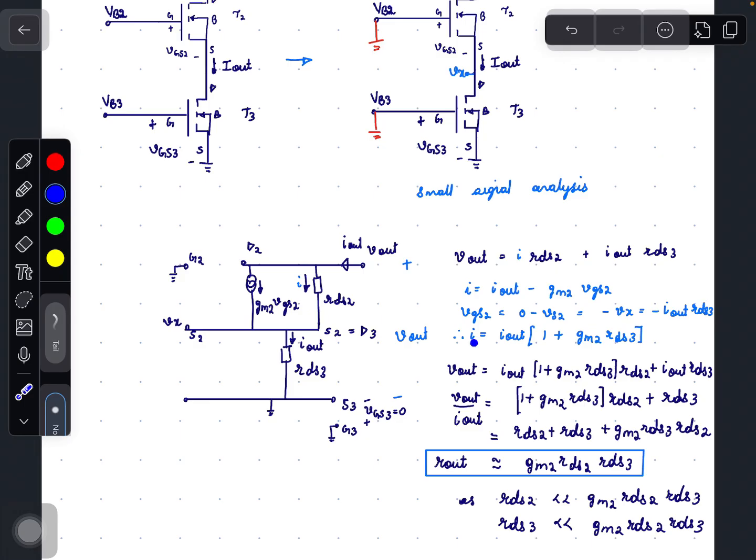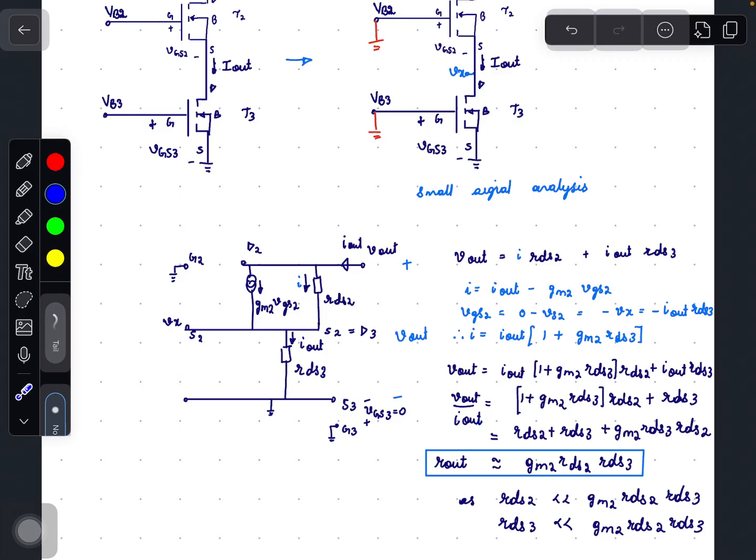So we can write I equals I_out, which if we take common, I_out into 1 plus gm2 RDS3. Therefore, replace I in the V_out equation. So we get V_out equals I_out into 1 plus gm2 RDS3 into RDS2, plus I_out into RDS3. Take I_out common and move it to the left hand side.